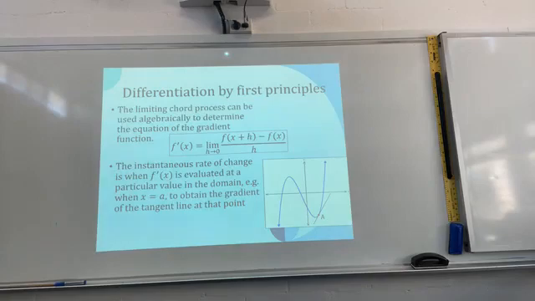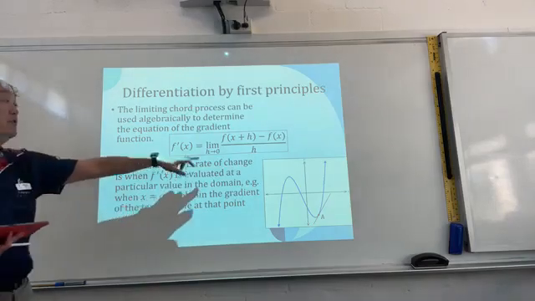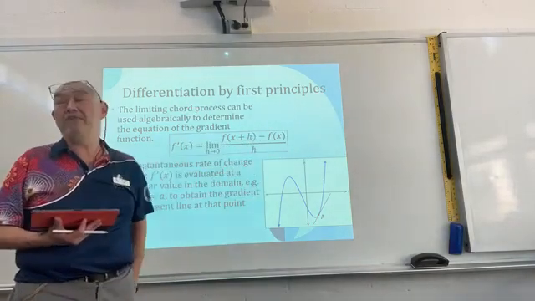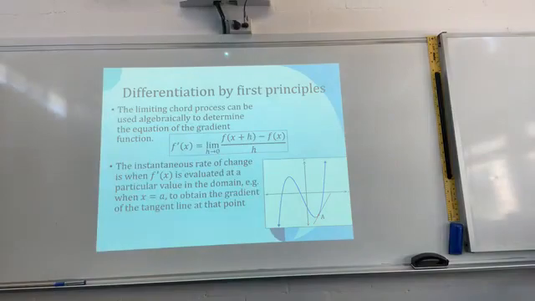Now, this one, good idea to write it down. What is f dash x? Using first principles, f dash x, just to remind yourself, is the limit when h approaches 0, f(x plus h) minus f(x) over h. Just a reminder.